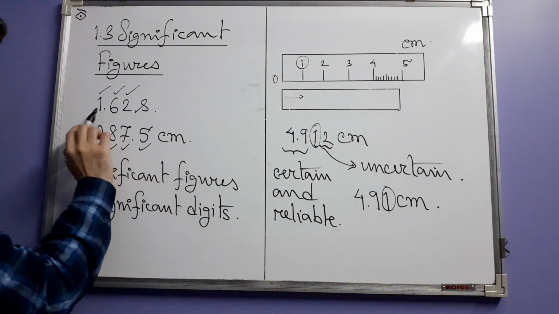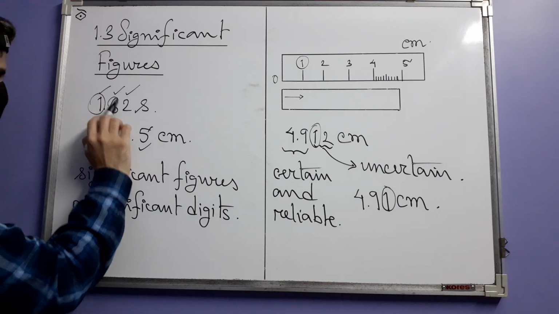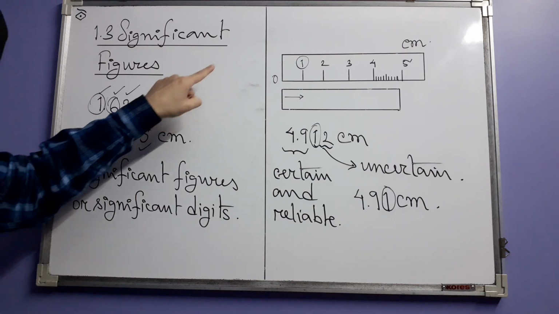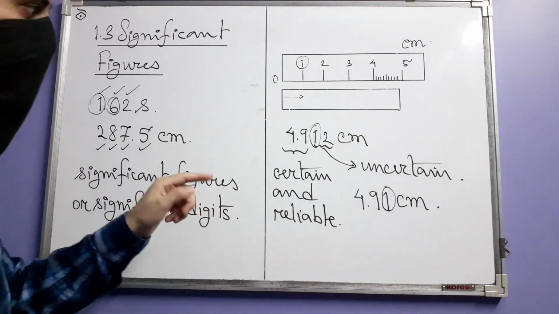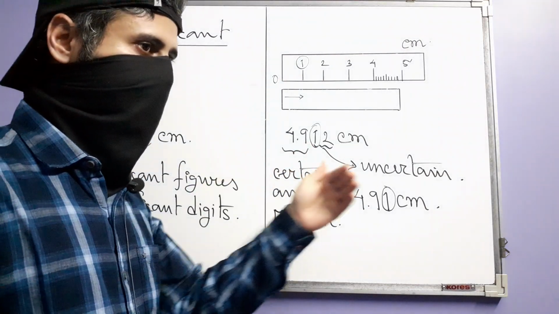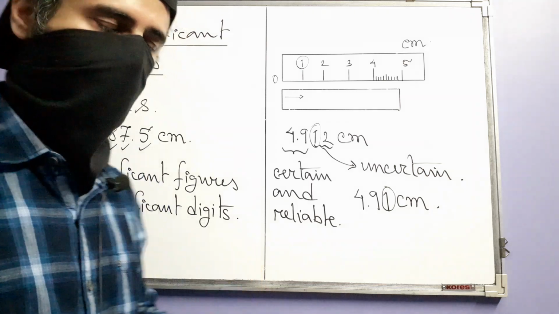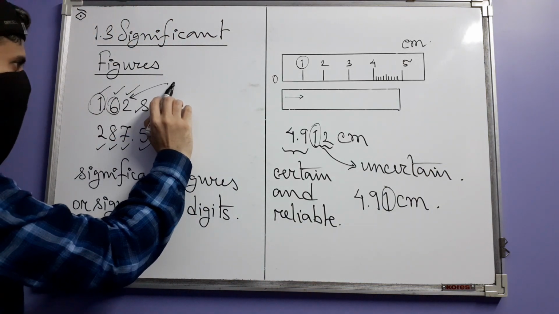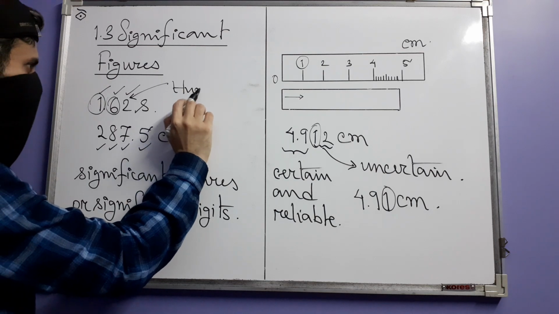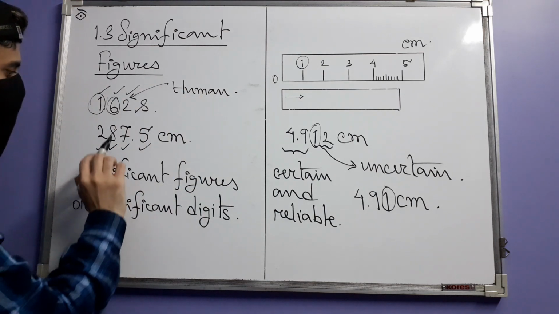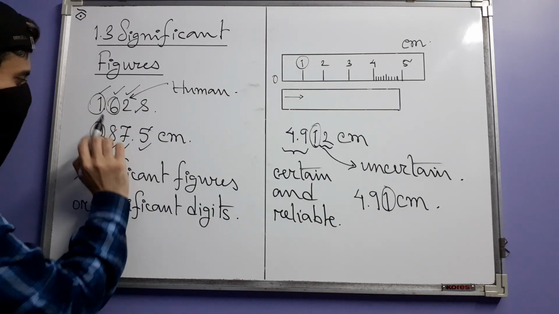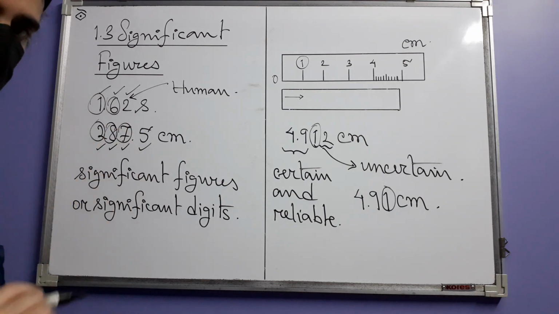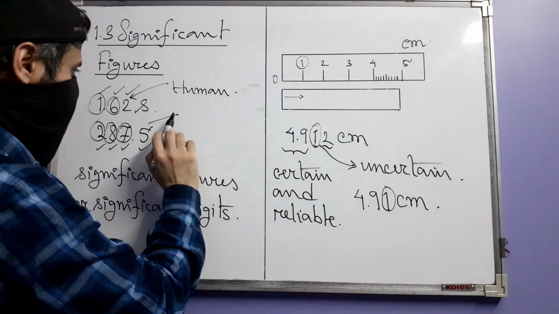Exactly similarly, here 1 and 6 are certain digits which have come from some timekeeping device which was used to measure the period of that simple pendulum. 2, however, has come from some human. So that is uncertain. Here also 2, 8 and 7 are certain or reliable digits. 5 is uncertain.